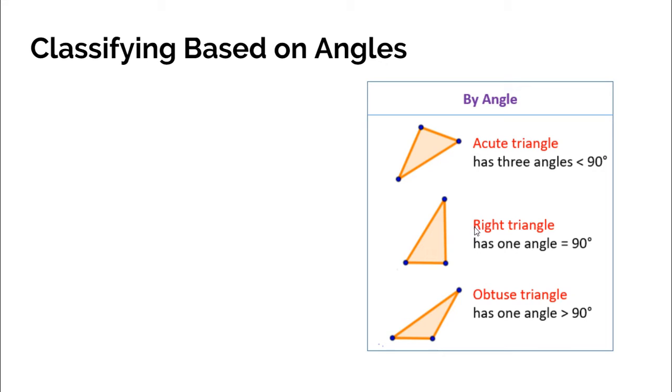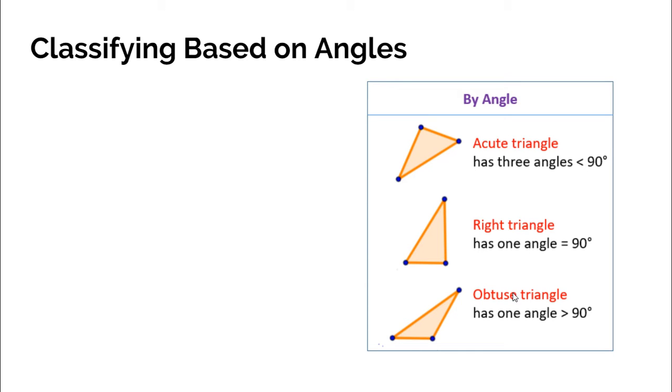If you're looking at a right triangle, it means one of the angles is 90 degrees exactly. And normally they give you that little tiny square box to mark that that's 90 degrees. They did not in this picture. But that's what they normally do to let you know that that is a right angle.